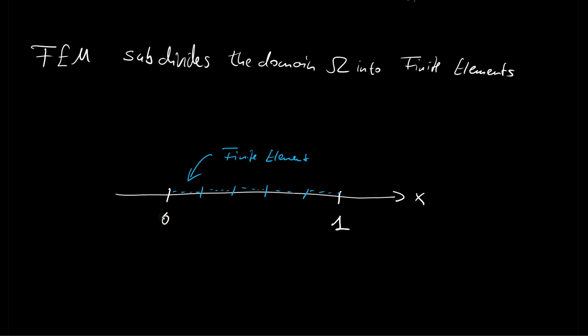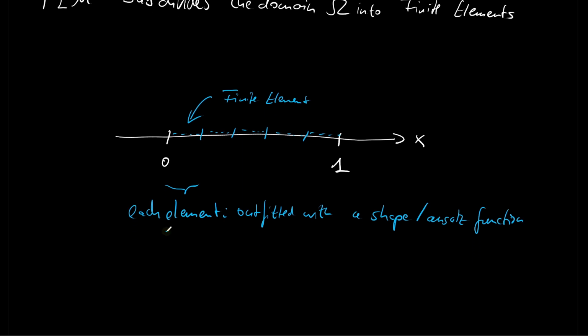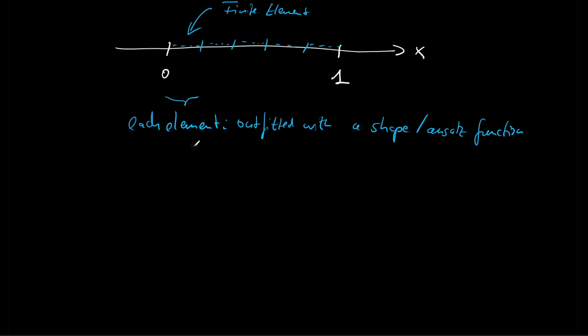And then going further, we will outfit each finite element with a shape or an Ansatz function, so to say, that each element will be given or will be outfitted with a shape slash Ansatz function. And in the simplest case, and that's also the case we're going to look at here, we take our domain and then we will have two functions on it.